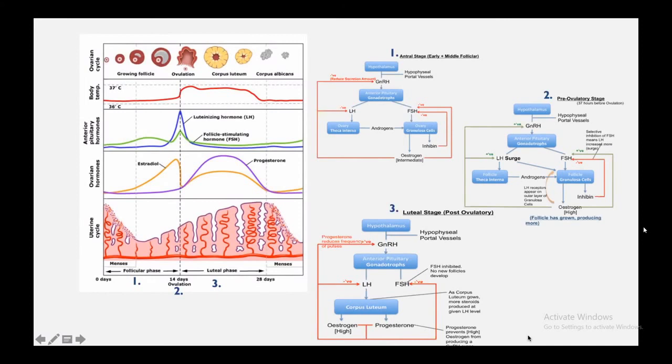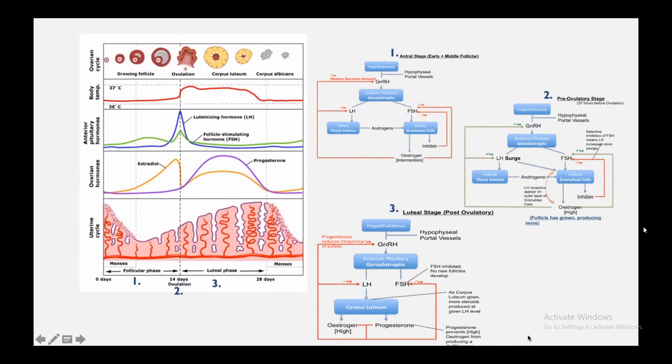Normally, if we go back to the follicular phase of the menstrual cycle, the hypothalamus releases GnRH, which acts on the anterior pituitary. Anterior pituitary then releases LH and FSH. LH works on the gonads in the ovary, and that's the theca interna cells, and FSH works on the granulosa cells in the ovary.